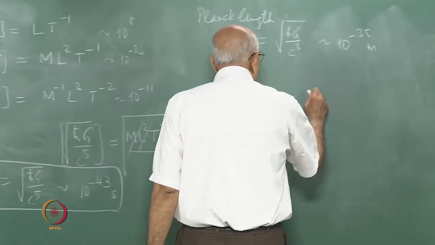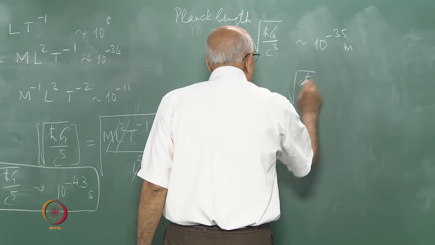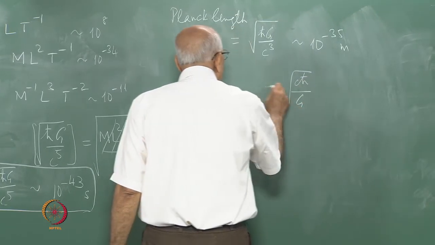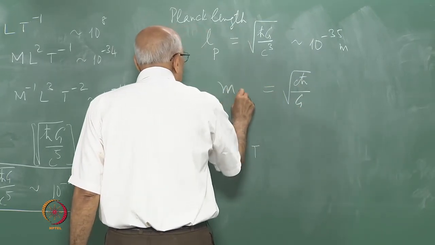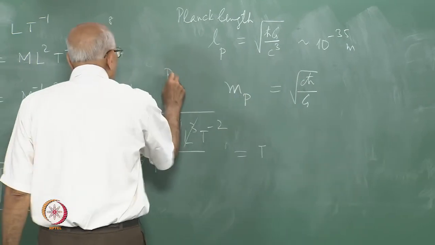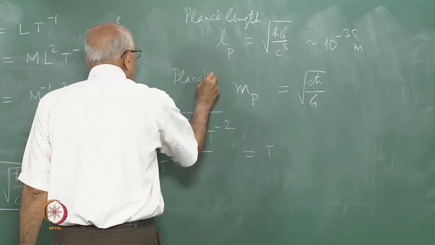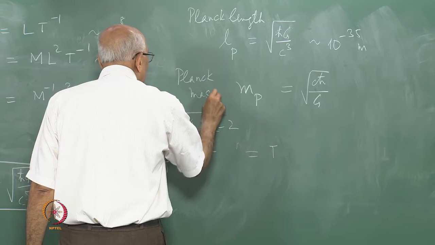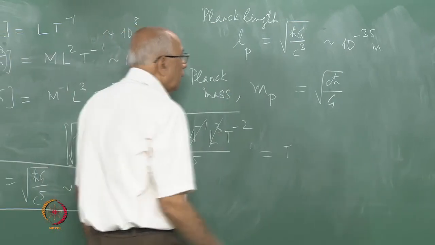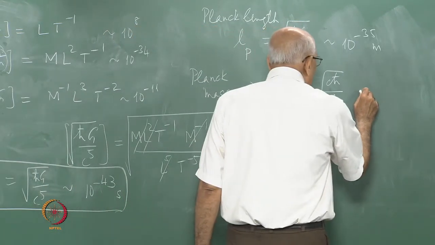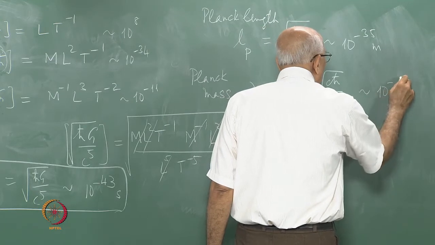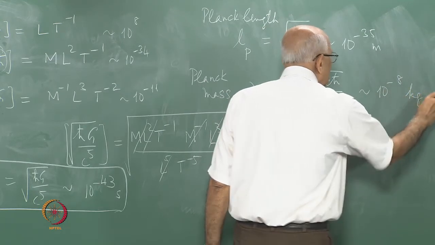So this quantity, the square root of c h cross over G, has the dimensions of a mass, and it is called the Planck mass, M_P. And again, this surprisingly is of the order of 10 to the power minus 8 kilograms.